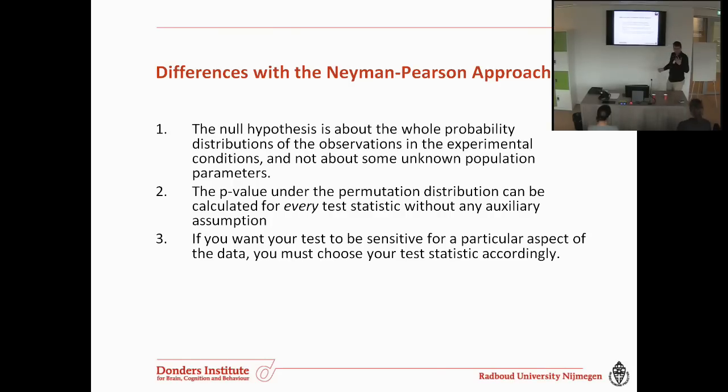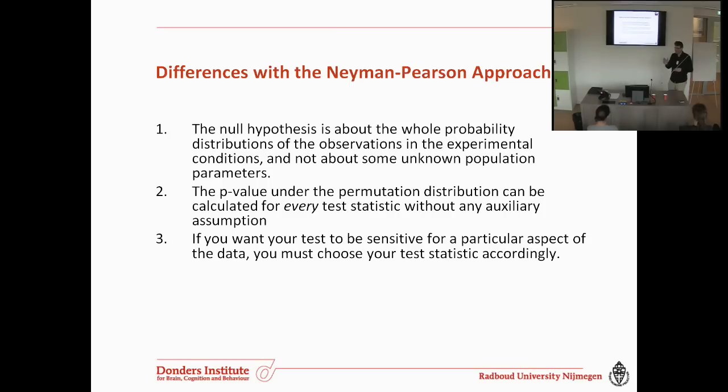Then, prior to collecting your data, you can come up with some test statistic that, on the basis of a priori arguments, is likely to be very sensitive for that pattern. If you look for a particular type of coherence between right temporal and left frontal areas, then you more or less know how you have to devise a particular test statistic.